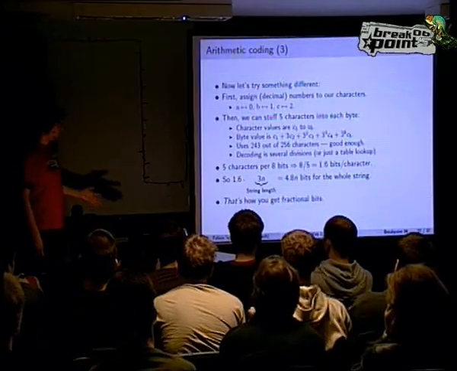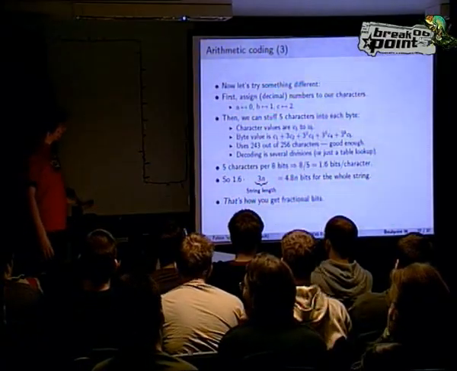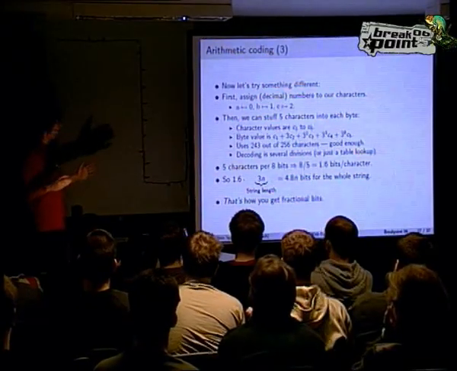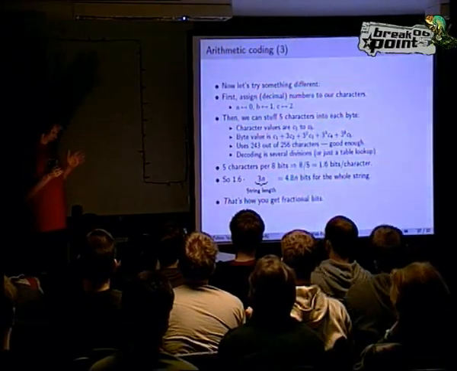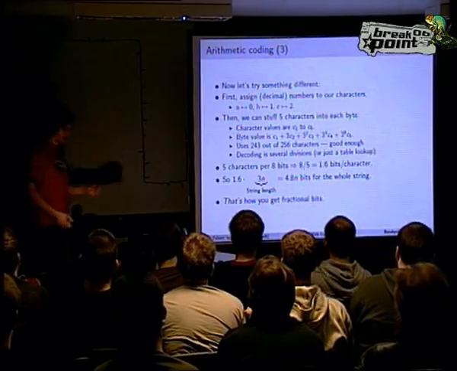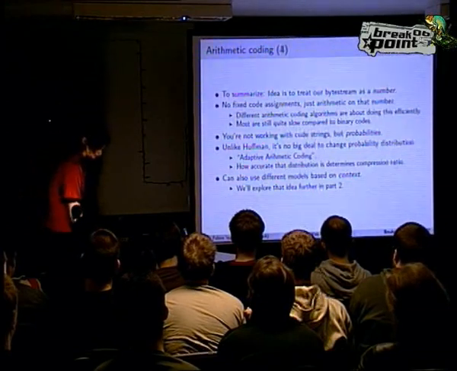That's 0.2 bits per character less, and that's how you get fractional bits. You still get something that has a byte size, but the average length, this is all just average length, is smaller, so you get a compression ratio improvement.